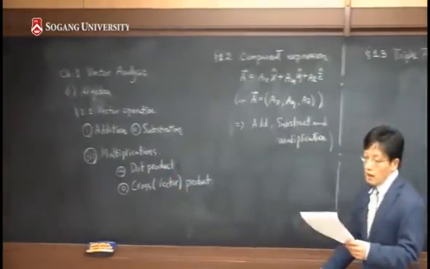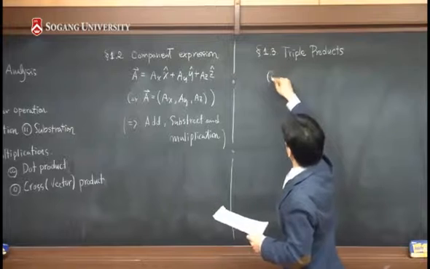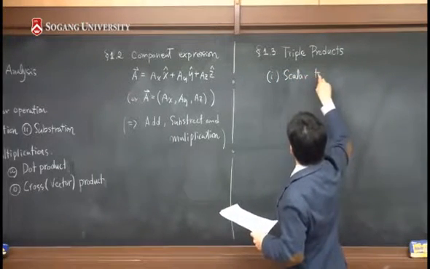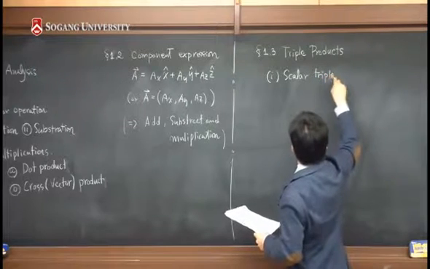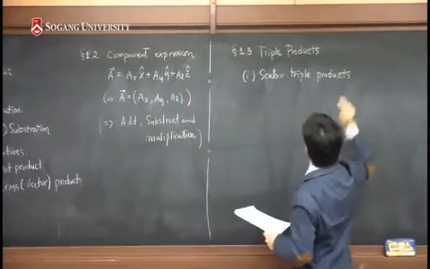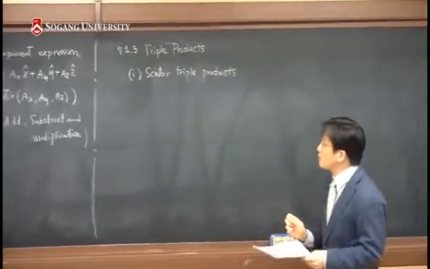The first case we will see is the scalar triple product, which is a case where the resulting property is a scalar.